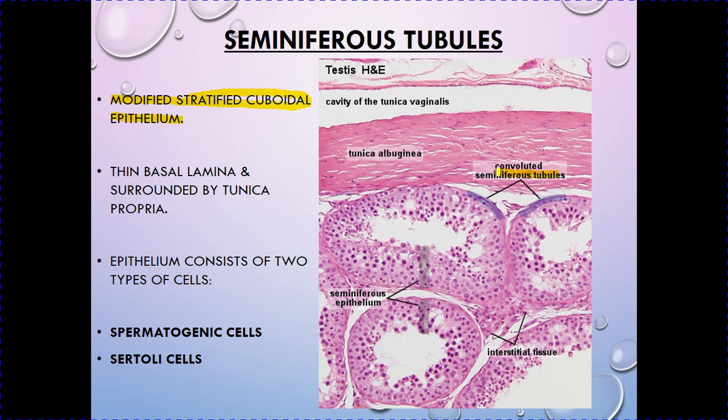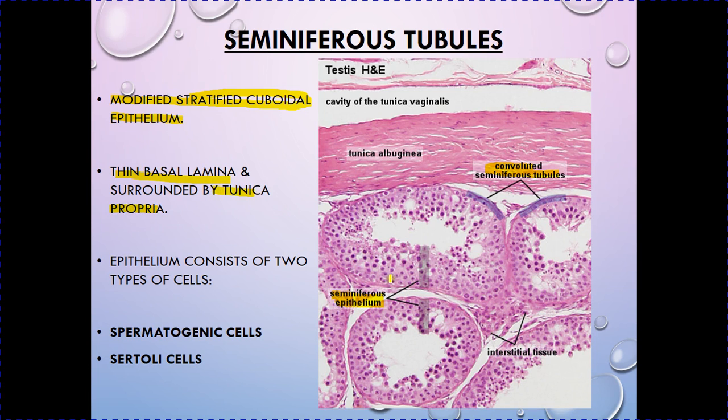This is a convoluted seminiferous tubule and it is lined by seminiferous epithelium, which is actually modified stratified cuboidal epithelium. The epithelium is resting on a thin basal lamina and is surrounded by a layer of connective tissue called the tunica propria.